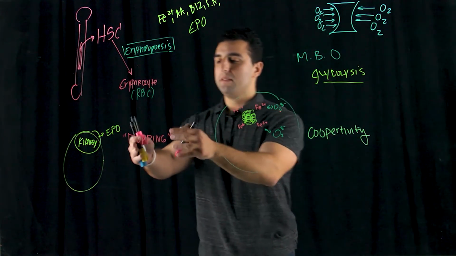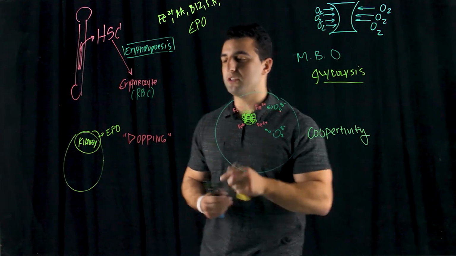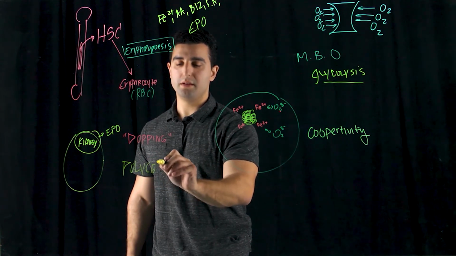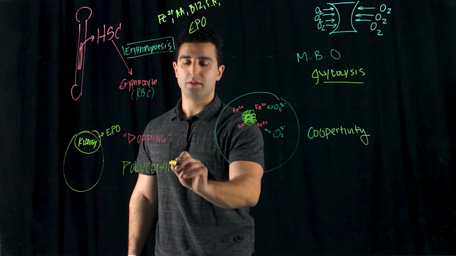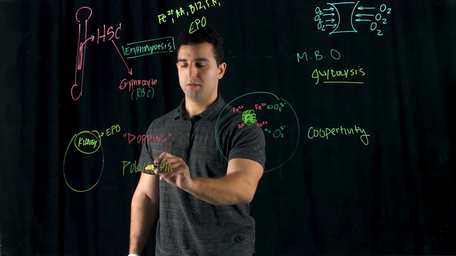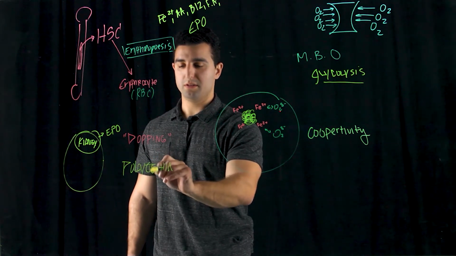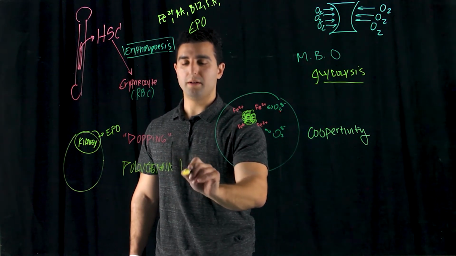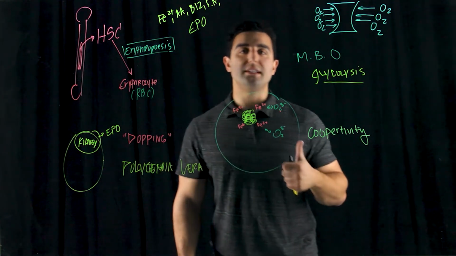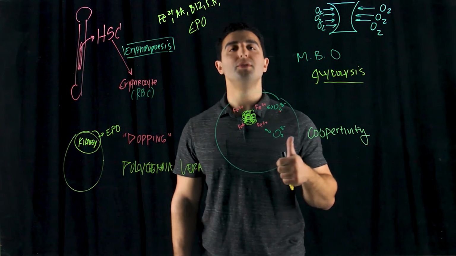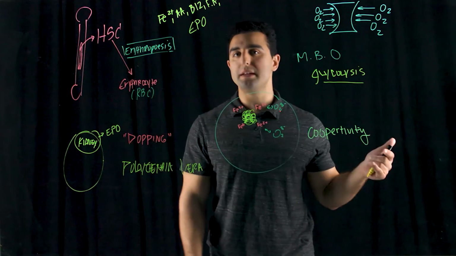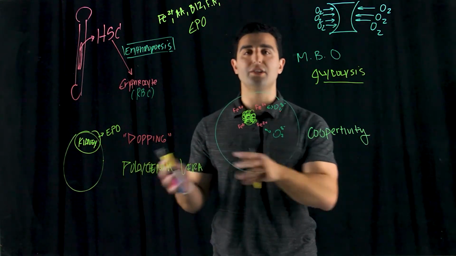But this can lead to another pathological condition called Polycythemia Vera, where this leads to an increase in blood viscosity due to abnormal levels of red blood cells, white blood cells, and platelets. And this can lead to instances of ischemic problems because the blood doesn't actually flow normally.